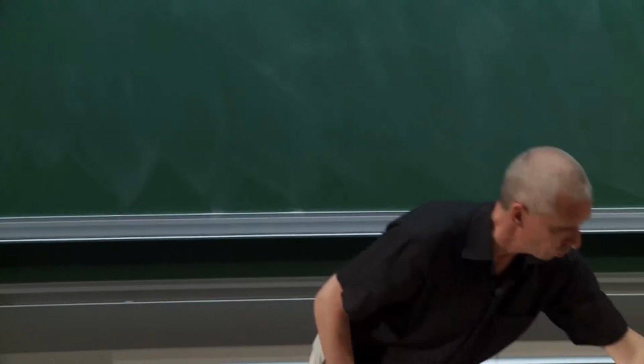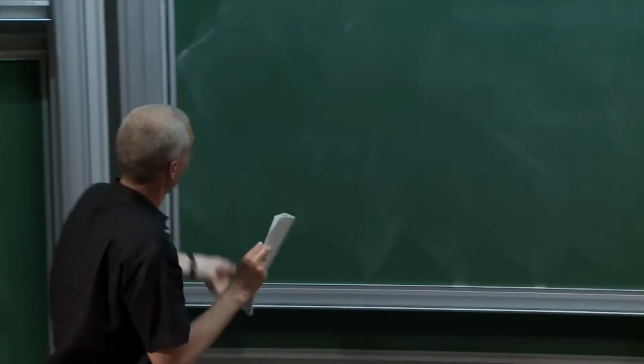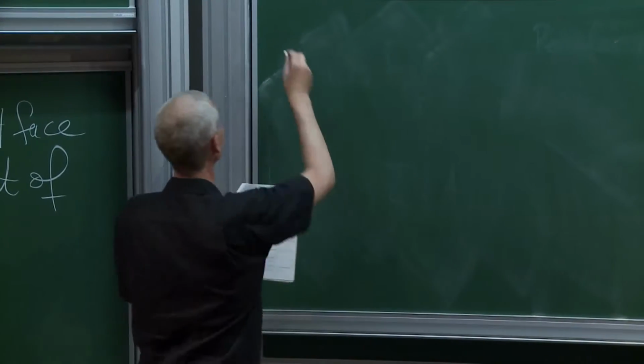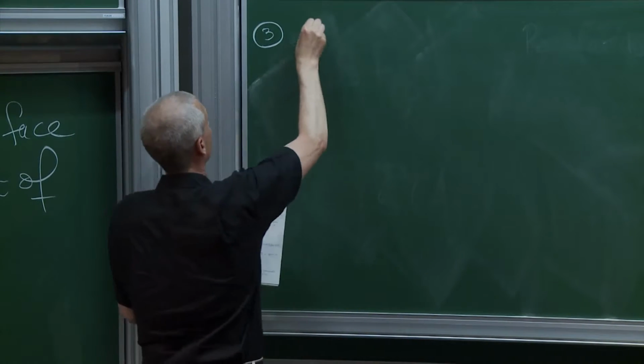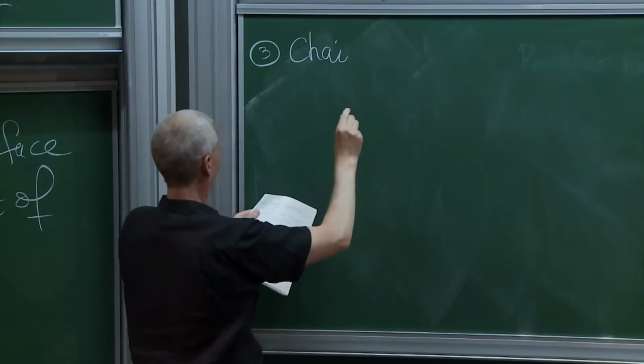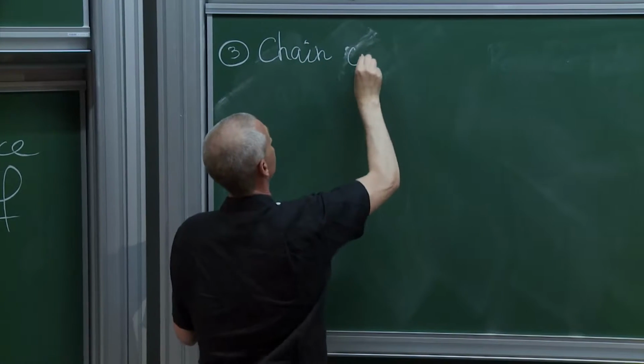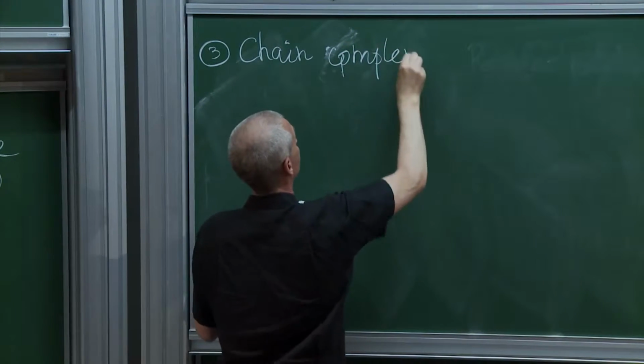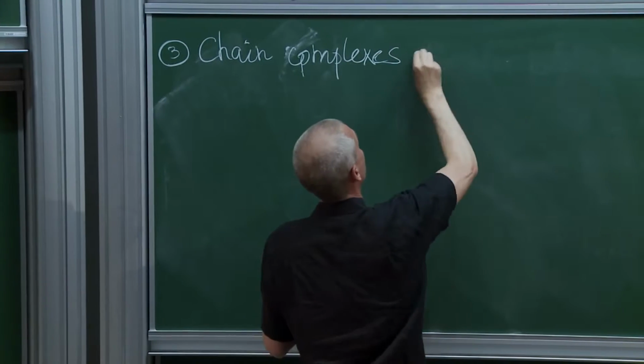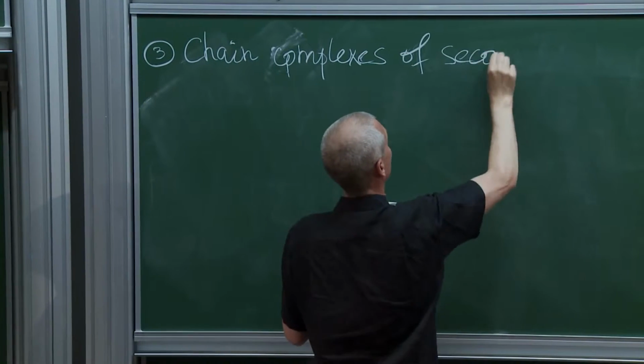So now let me go to part 3 to combine those two observations. Let me call it the chain complexes of the secondary polytope, or let's say of secondary polytopes in general.